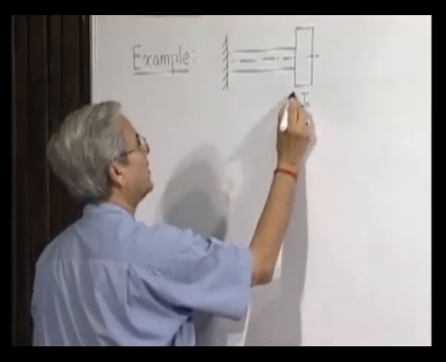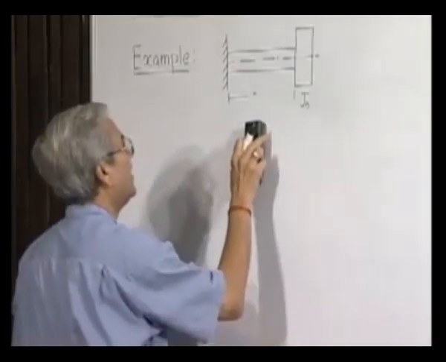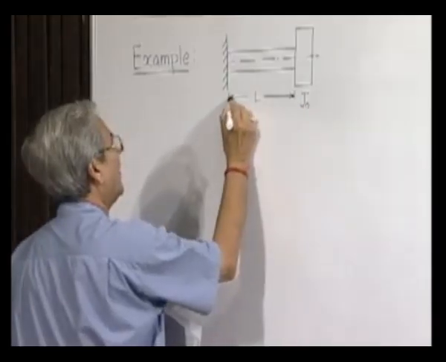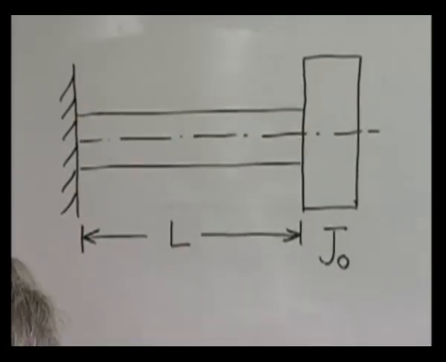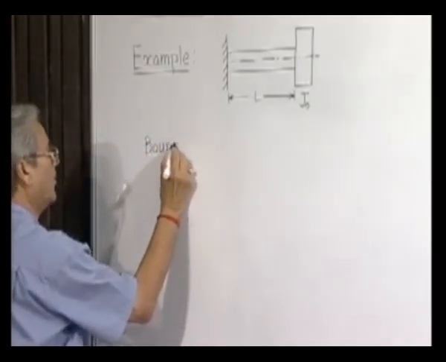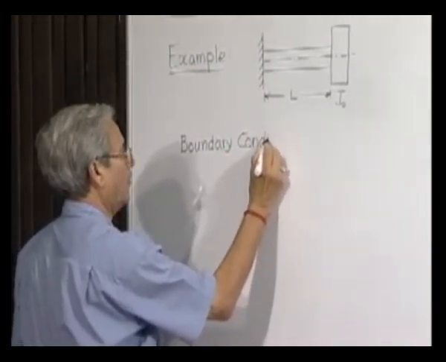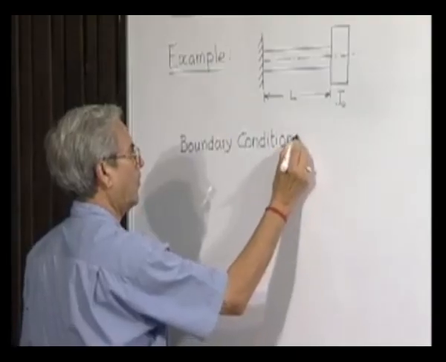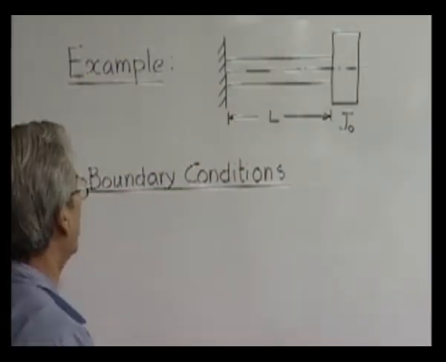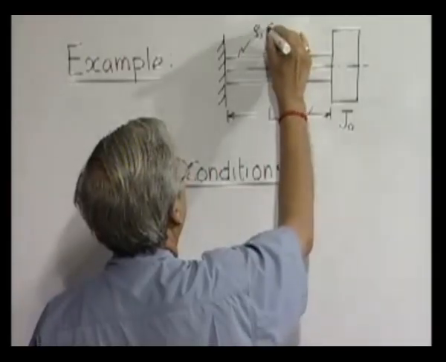The length of the shaft is L. So now here the boundary conditions will be what? We have to find out the natural frequency of this, and of course here the material density is rho, shear modulus is G.